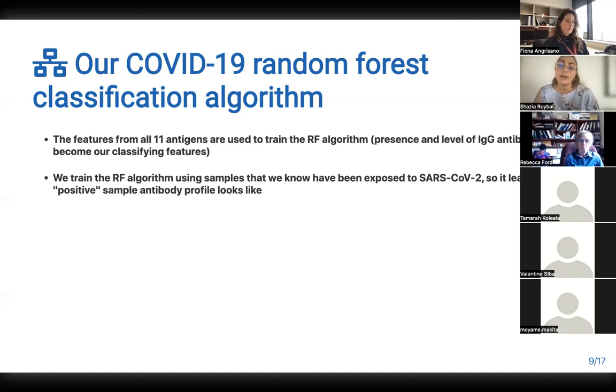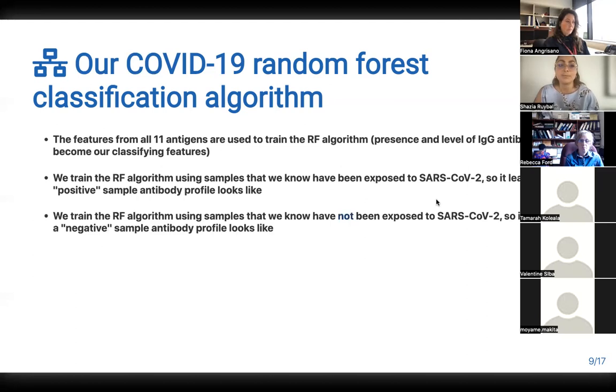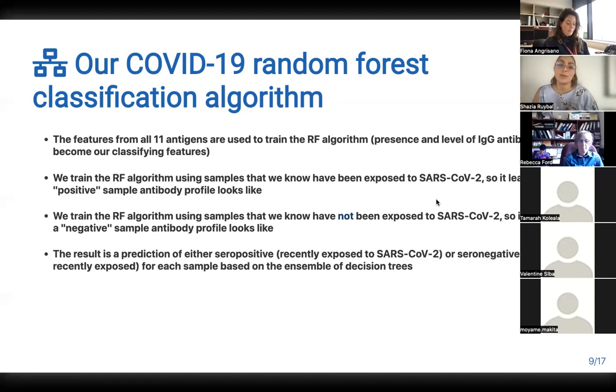So we had data from samples that we knew had been exposed, from people who had recovered from infections. And we also had many samples that were not exposed to SARS-CoV-2, so that the algorithm can learn what a positive sample antibody profile looks like and what a negative sample antibody profile looks like.